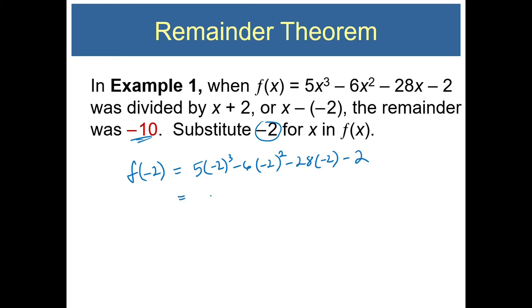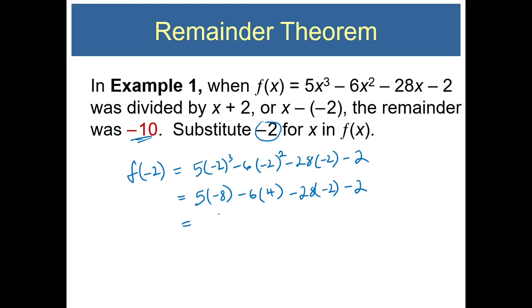And then we're going to simplify the powers first. We have negative 2 cubed is negative 8, so this is 5 times negative 8. Negative 2 squared is positive 4, so this is 6 times positive 4. And then we have negative 28 times negative 2, which we'll simplify later, minus 2.